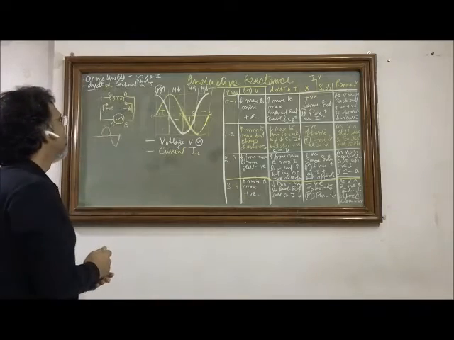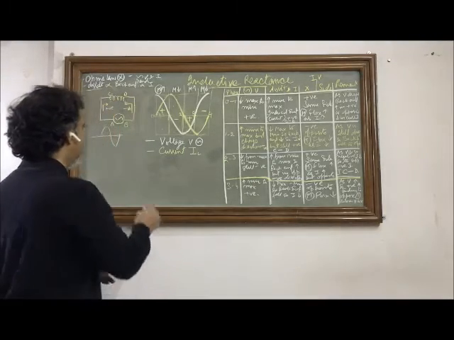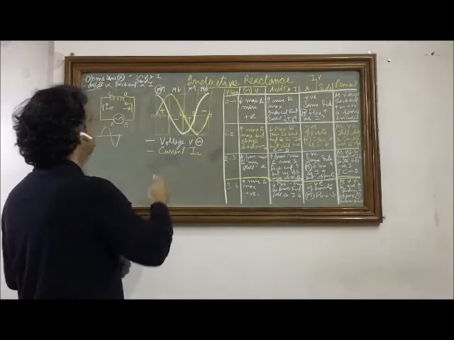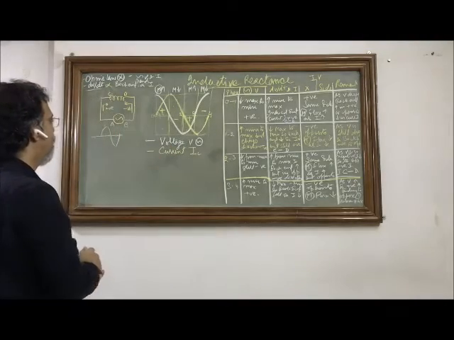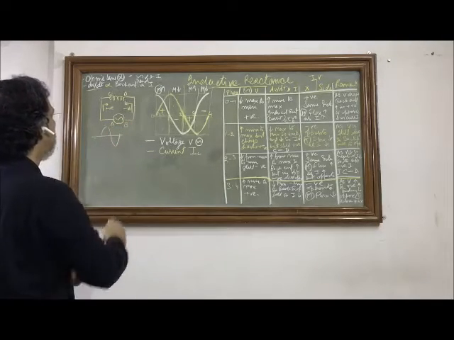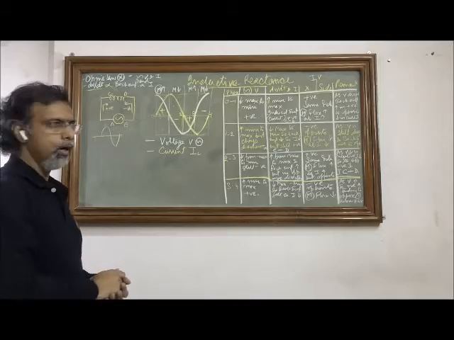Now there are some natural properties of an inductor that we need to understand first before we discuss what happens when an alternating or sinusoidal supply is given to a purely inductor circuit.